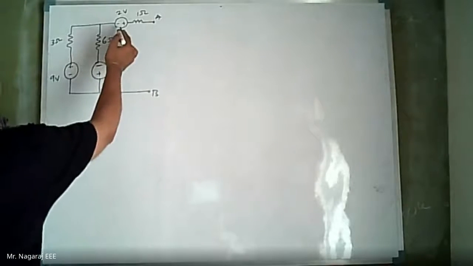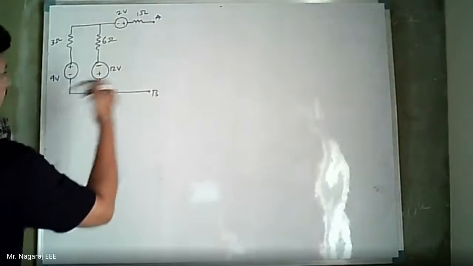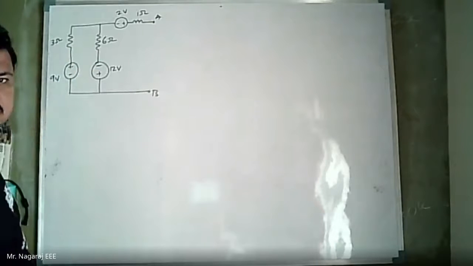So what I can do is first convert this voltage source into current source, and I will not touch this voltage source until the end, because this voltage source is in series with the terminals A and B. So at the end, I can add this voltage source to the other voltage source, and I will get the equivalent voltage source. Then I can easily convert that to the current source.